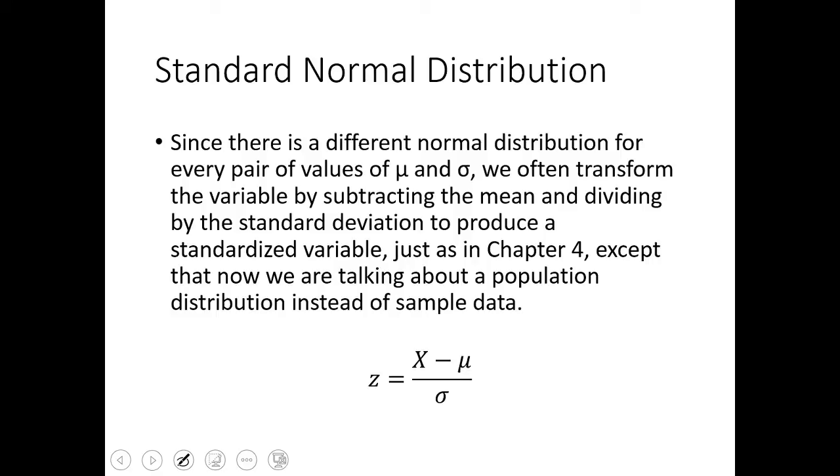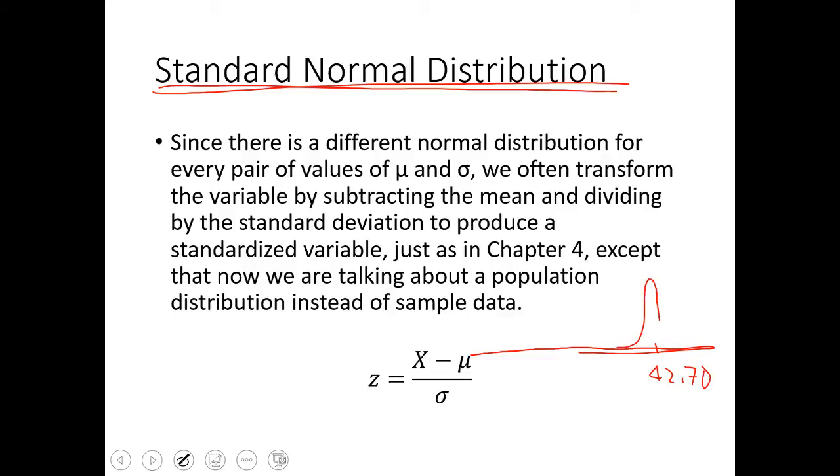So, we can consider the standard normal distribution. If we change, here is 42.70, and our distribution looks like this. So that is normal distribution 42.7, 0.01.